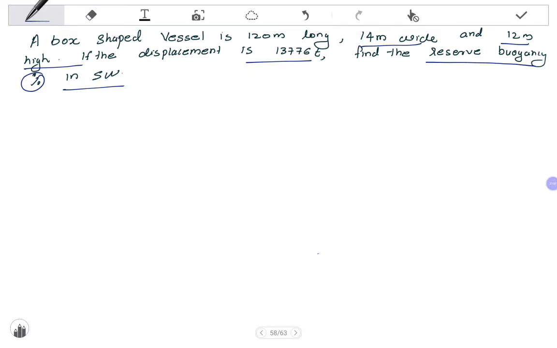So in this question we need to find out the reserve buoyancy percentage.